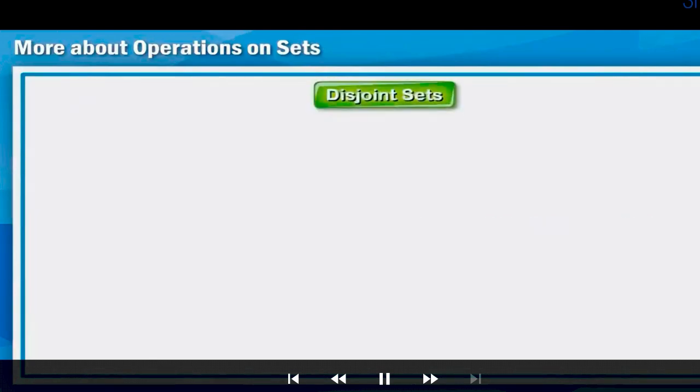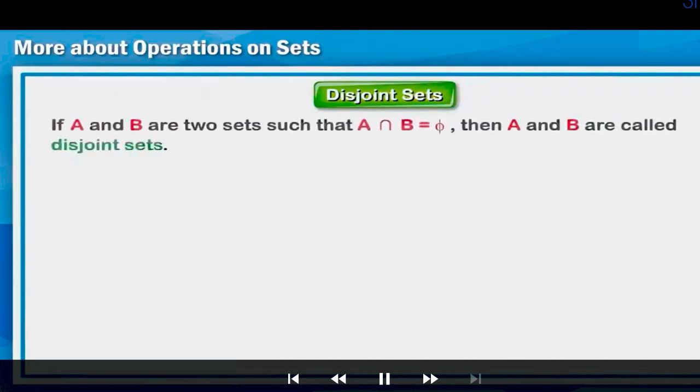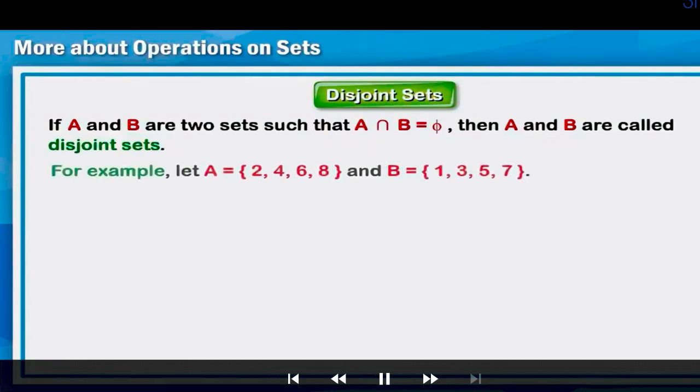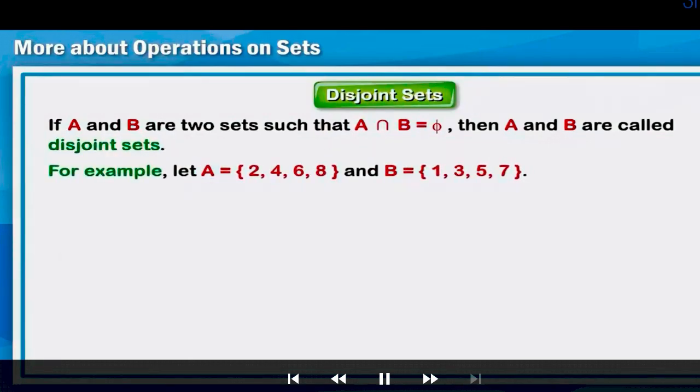Now let's see what are disjoint sets. If A and B are two sets such that A intersection B is equal to phi, then A and B are called disjoint sets. For example, let A = {2, 4, 6, 8} and B = {1, 3, 5, 7}.